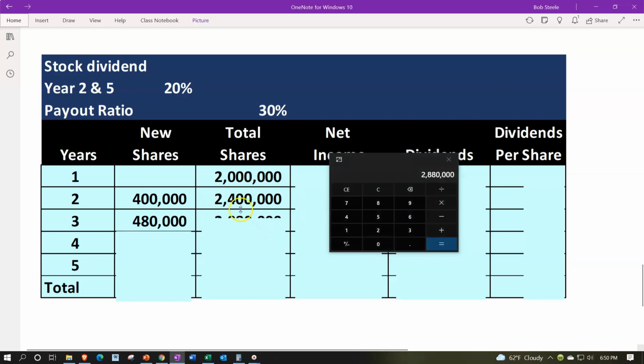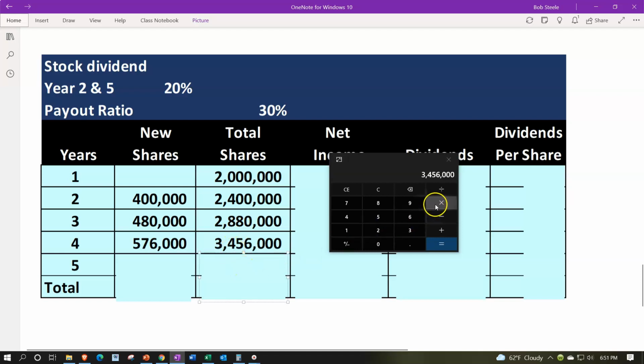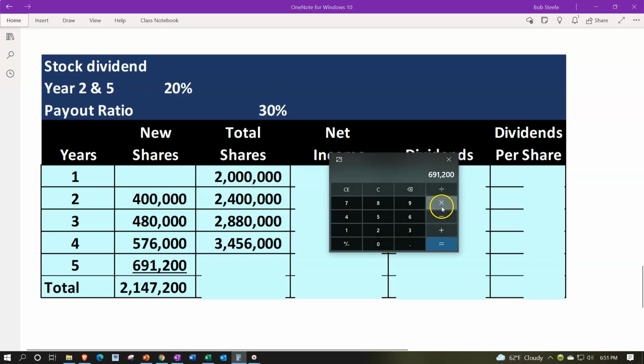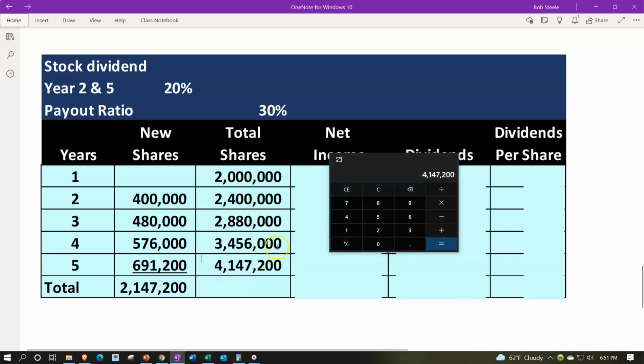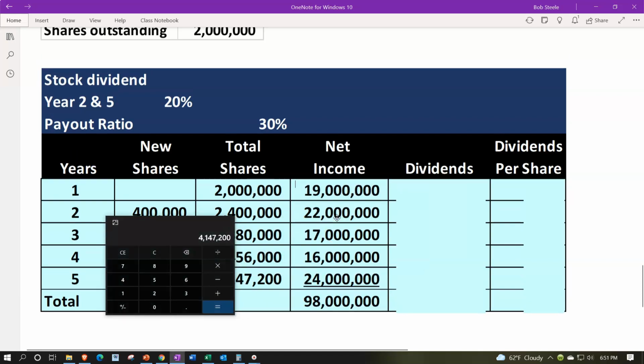That's going to give us our total of the 2,880,000 times the 0.2, which is going to give us the new shares of the 576,000 plus the prior point we were at, 2,880,000, which is going to give us our 3,456,000 times the 0.2, which is going to give us new shares of the 691,200 plus the 3,456,000, and that's going to give us once again our ending point of the 4,147,200.